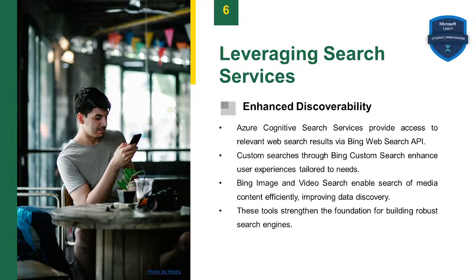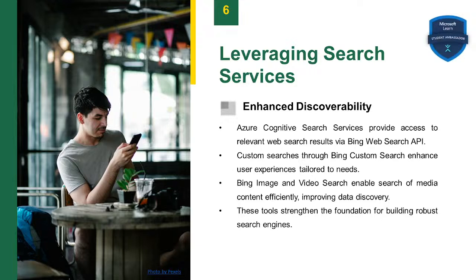Imagine you're building an e-commerce platform where customers search for products. With Bing Custom Search, you can provide search results that are optimized for your inventory, customer preferences, or location, enhancing the shopping experience. Bing Image Search and Bing Video Search are also part of the search services.